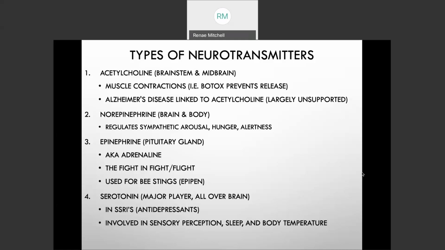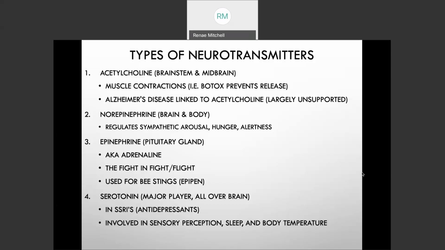So what that means is SSRIs inhibit the reuptake of serotonin. So it stops extra serotonin from being reabsorbed by the axon of the first cell, which means it makes more serotonin available, which has a mood boosting effect on individuals with depression.